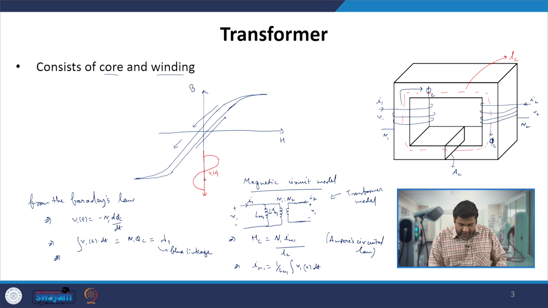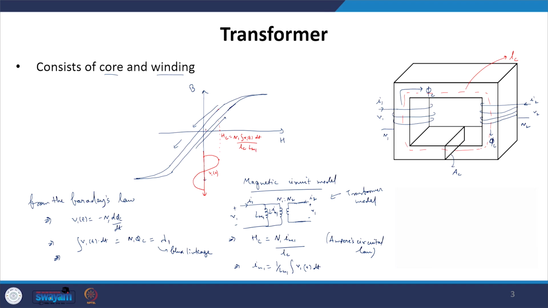Then Im1 will be going through according to this integration of V1 of t, and that is when my flux point will be there, which is nothing but N1 times the integration of V1 of t dt, divided by LC, and this is multiplied and divided by Lm1.